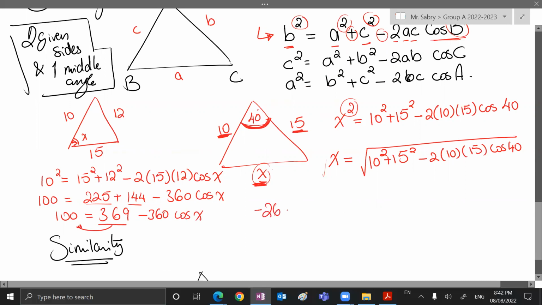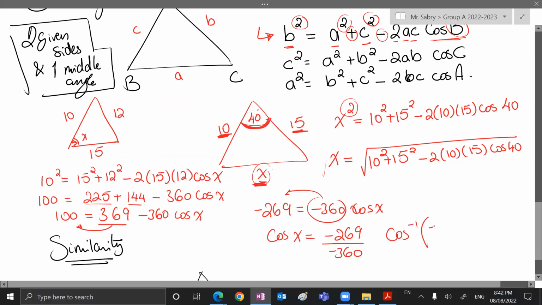You'll have negative 269 equals negative 360 cosine x. Then move this to the other side by division. So cosine x will be equal to this divided by that. And then do shift cosine of this fraction, and it will get you the value of x. Does that answer the question, Yahya?